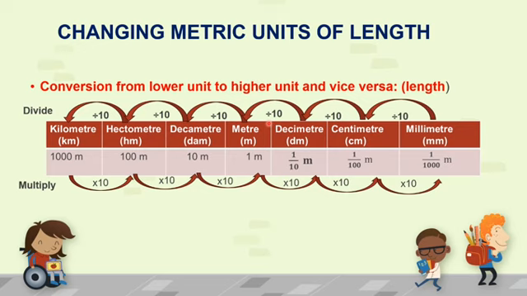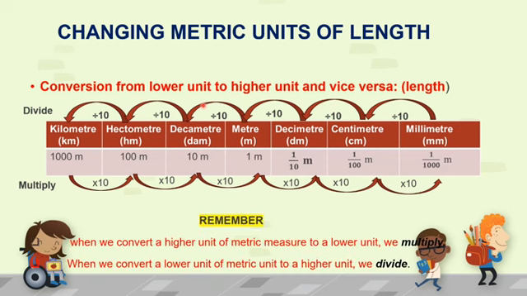So here you only have to remember that whenever we are converting a higher unit of metric measure to a lower unit, we multiply. And when we are converting a lower unit of metric measure to a higher unit, we divide.